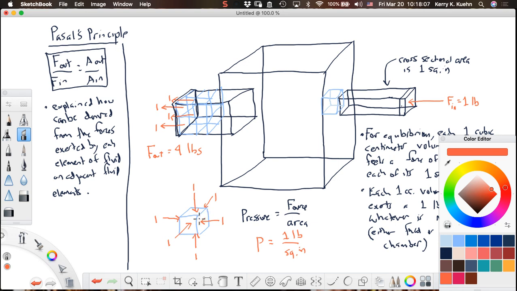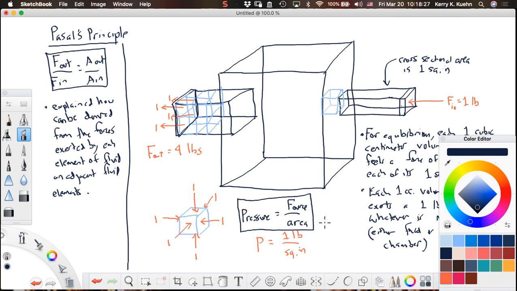That is, if each of these sides has 1 square inch of area, we would say that this cube has a pressure of 1 pound per square inch. So it's probably worthwhile introducing the concept of pressure at this point, and it's going to help us to think about these sorts of situations.